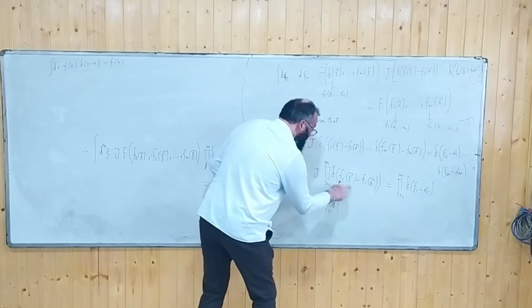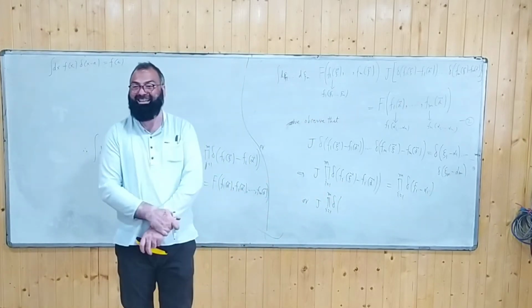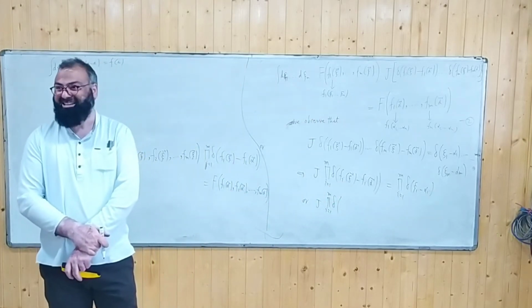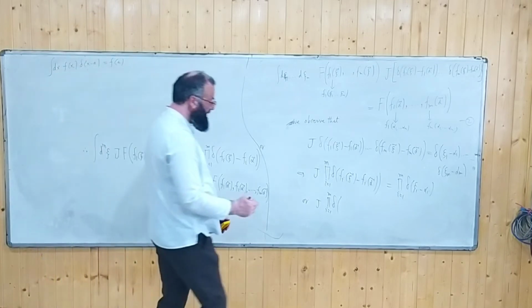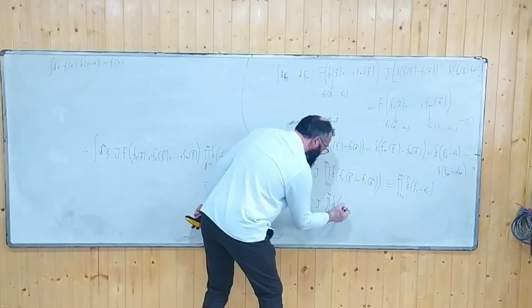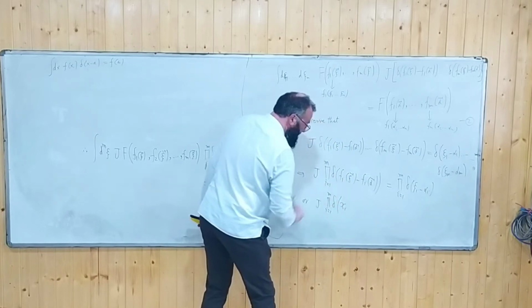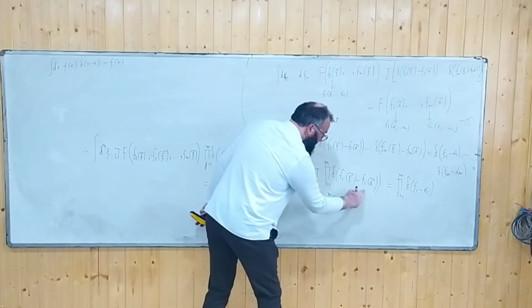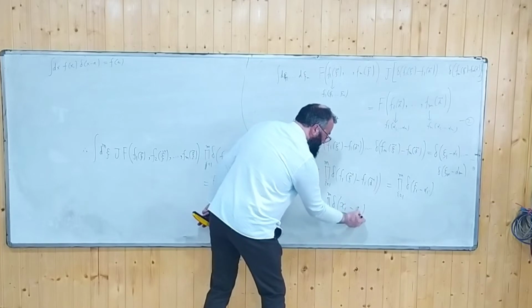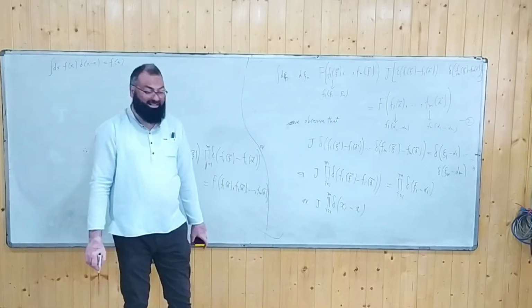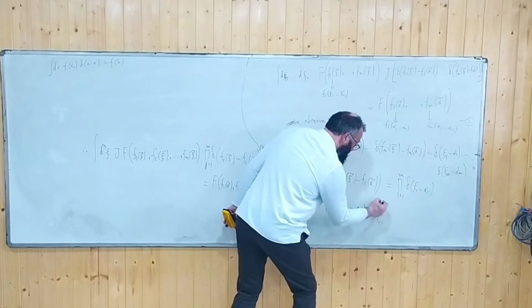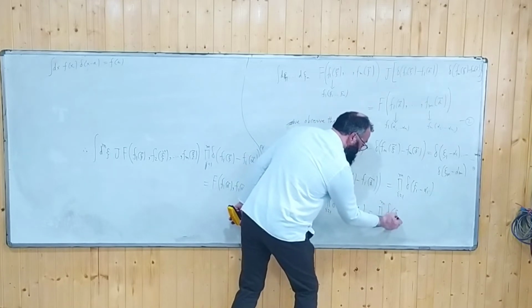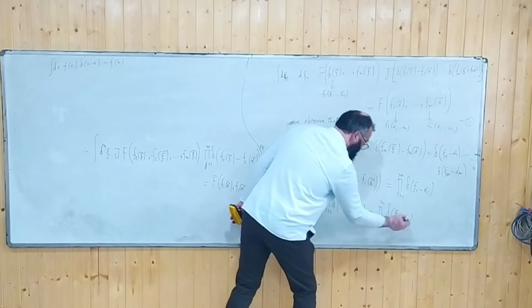Before doing that, with i running from 1 to m, what is fi zeta? Can anyone tell me? It's xi, simply. And what is fi alpha? It's actually ai, using the transformation. So this is the product, with i running from 1 to m, of delta of zeta i minus alpha i.